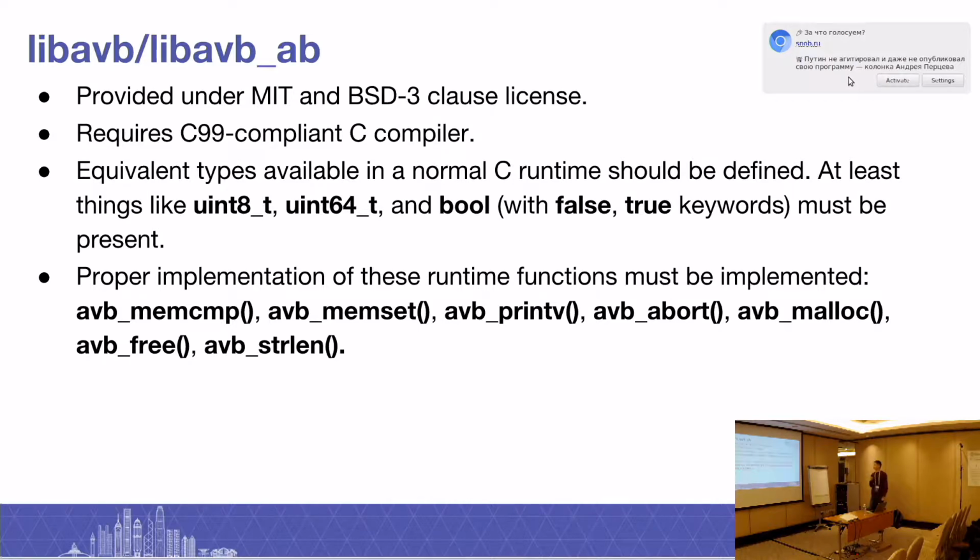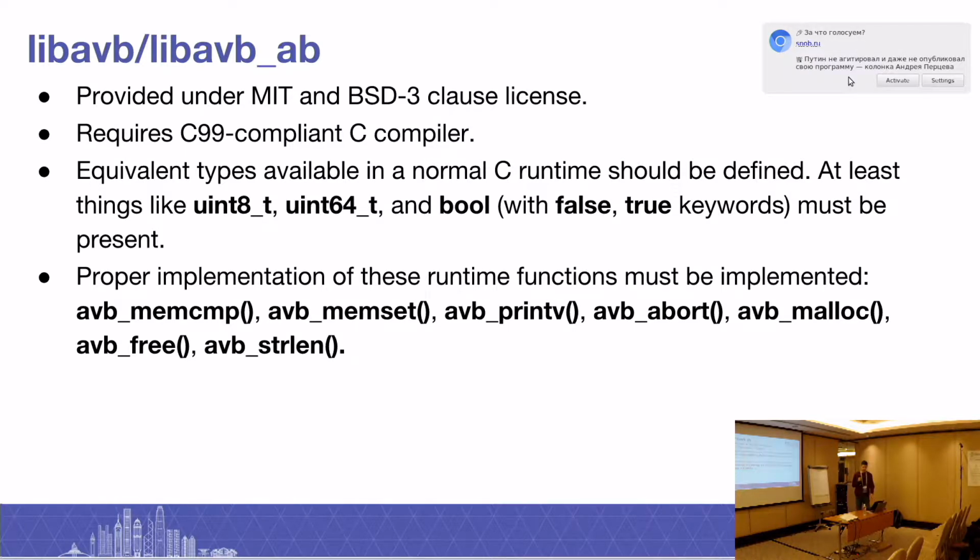The Android open source project provides two libraries that have all the crypto capabilities and implement this chain of trust called Android verified boot. They are provided under the MIT and BSD 3-clause licenses.